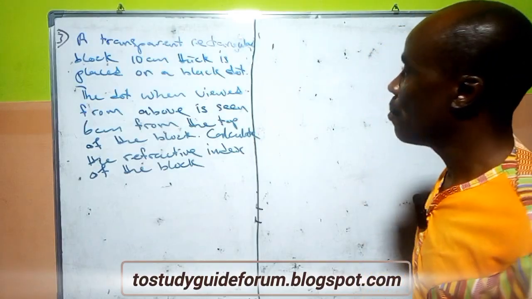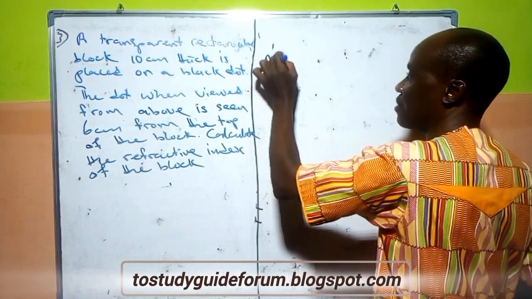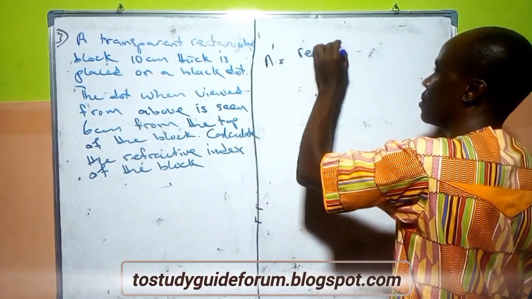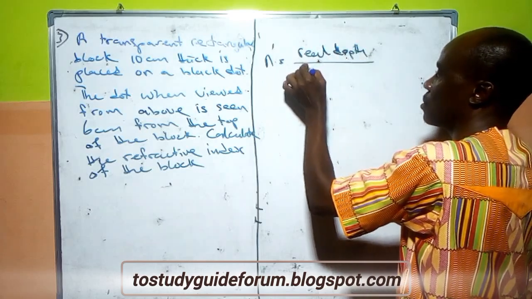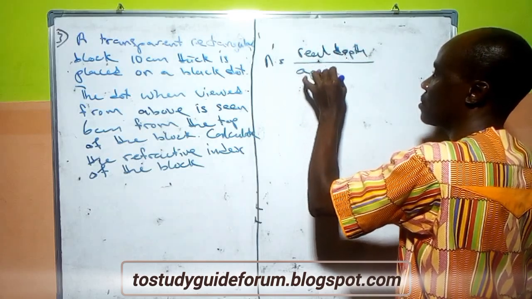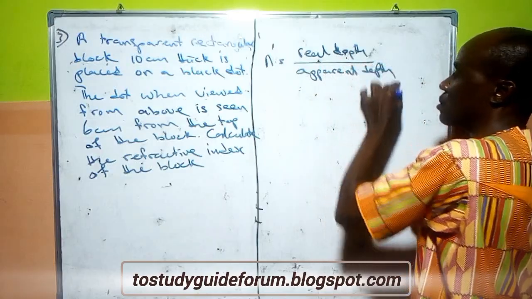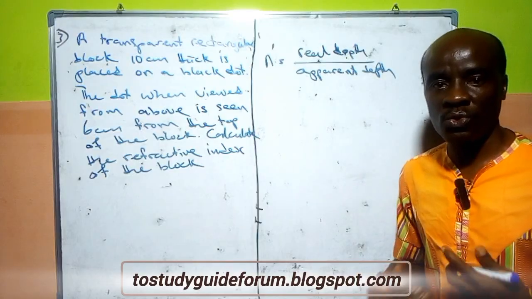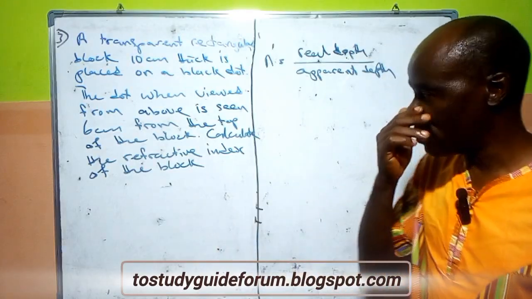Based on this question, to calculate the refractive index, we need this formula, that is real depth over apparent depth. So from here, I believe that after solving this, you'll be able to know how to handle all these formulas, and you can see how easy they are.